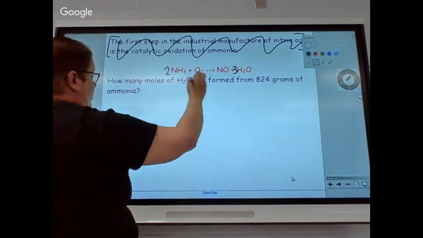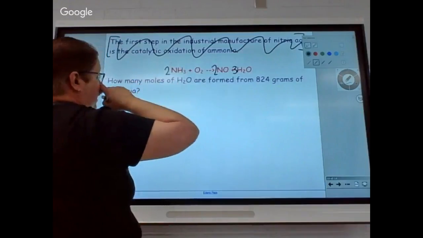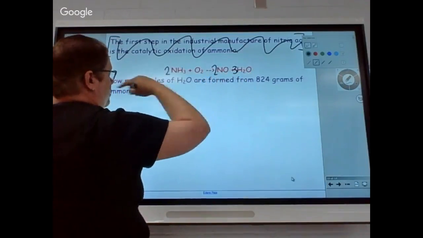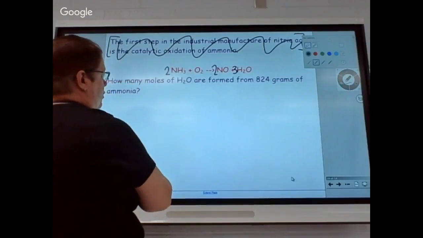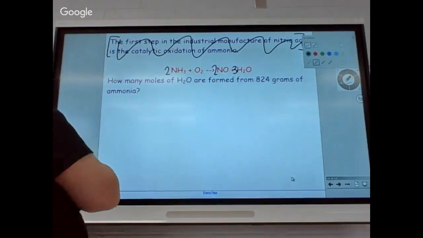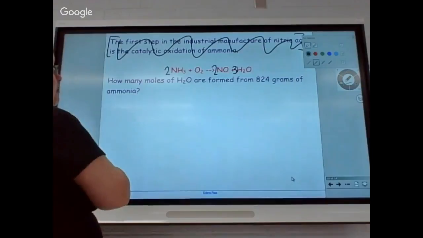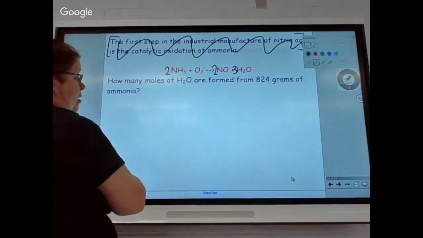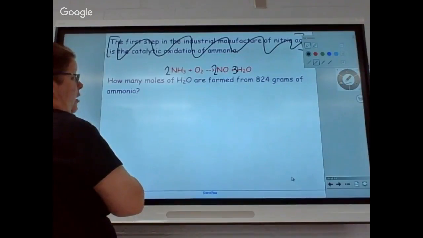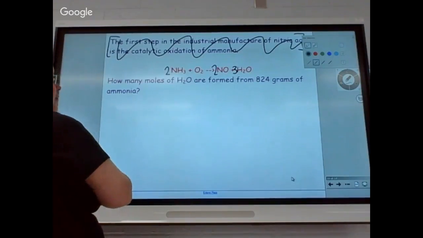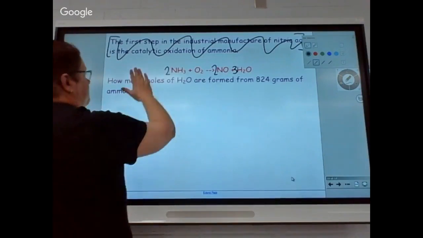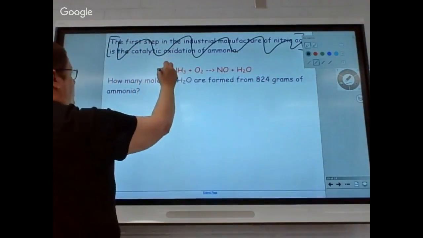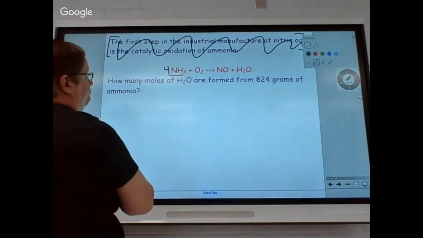So we would need to put a 2 here, and that would give us how many O's? 5. So it's not going to work for us. All right. So we're going to have to erase that. And notice we already have a 2 in front of the N, right? So that's already got an odd number of O's. So we might be thinking what number in front of the N's? All right. So let's try putting a 4 there, because that will give us how many H's?